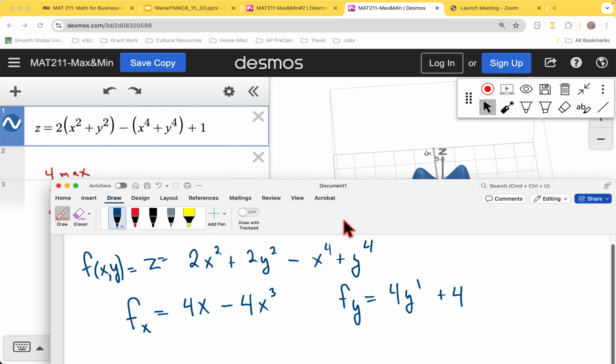So it's actually going to be a minus here because I distribute that through, and then I had a +1 that I forgot about. Now when I take the derivative of +1, it all disappears, so that's not a big deal. But it's a big deal over here that this is a negative, not a positive: -4y to the third.